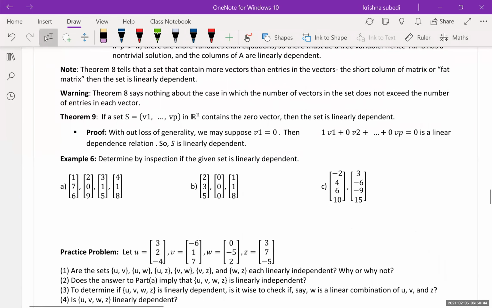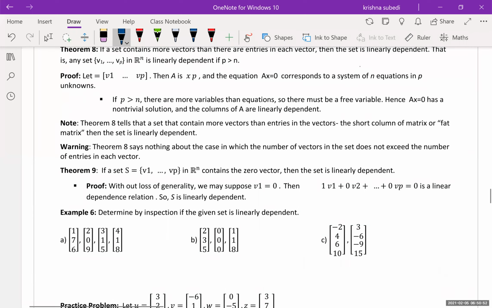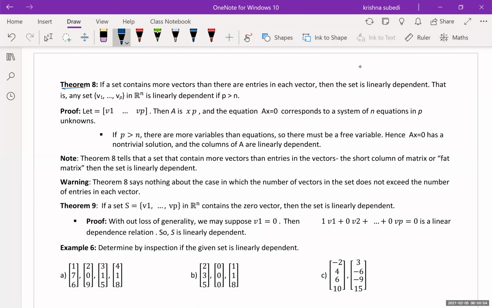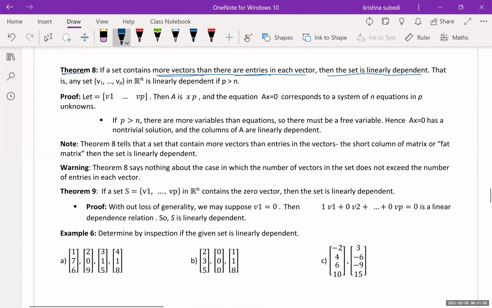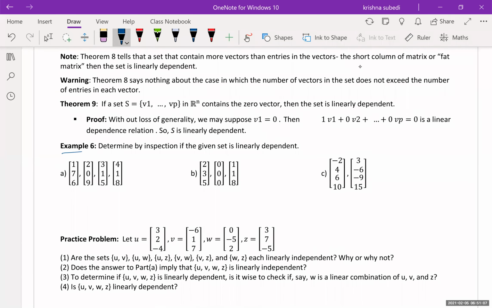Okay, now another method is this. Here is a theorem. If a set contains more vectors than there are entries in each vector, then the set is linearly dependent. Remember, more vectors than entries. Now let us look at this example 6. How many vectors are there? 4, right?